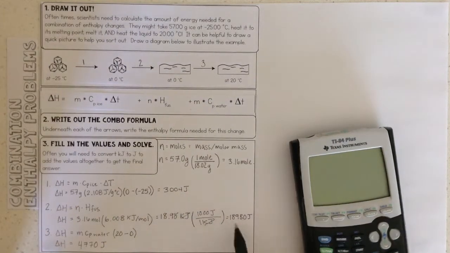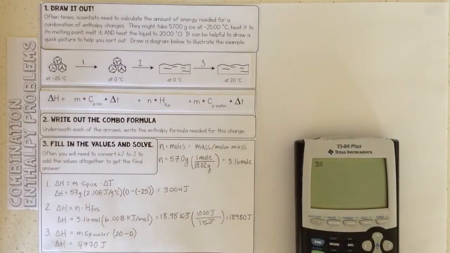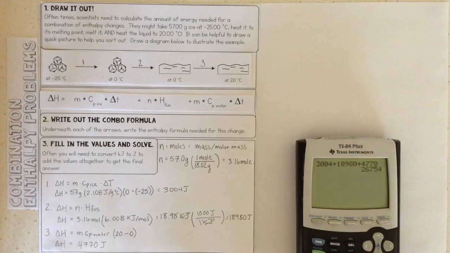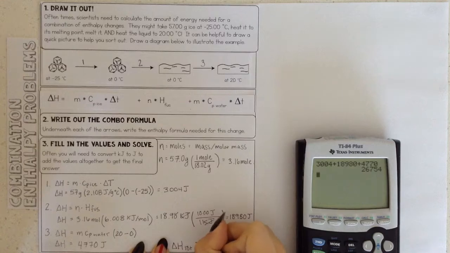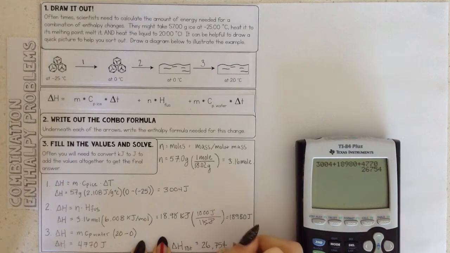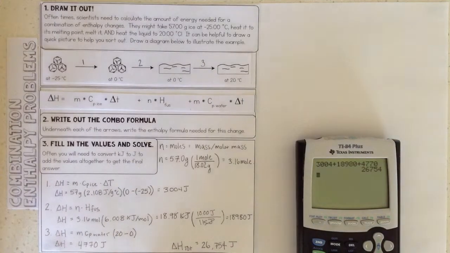Now we can add these numbers together. 26,754 joules.